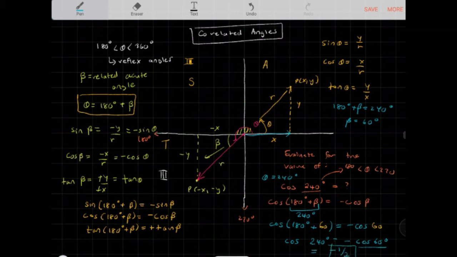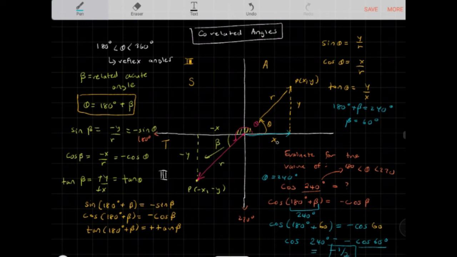That's the value of cosine 240. If you are skeptical, just punch it into your calculator and you'll get the same value of negative 0.5. So you can use these correlated angle equations to determine the exact value of the reflex angle counterparts if they are special angle equivalents.